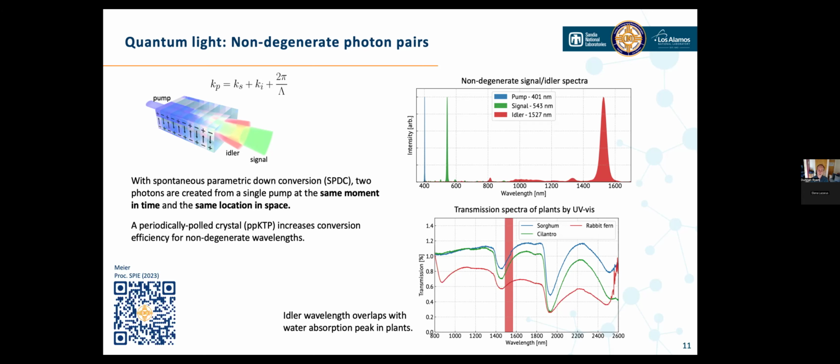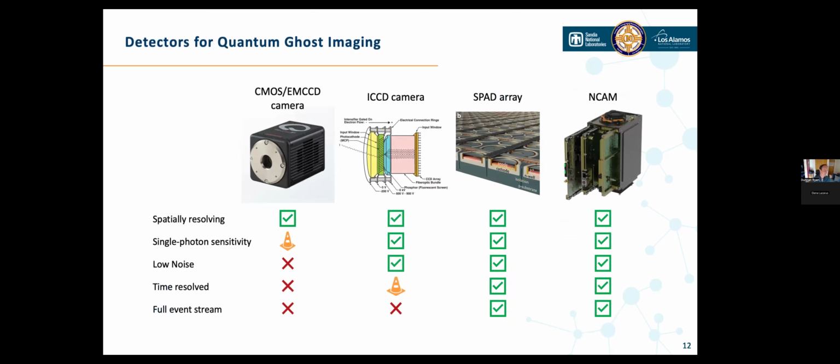So this is really trying to target with our wavelengths the water absorption peak at 1.5 microns. So that's really going to be giving our contrast mechanism. Is there presence of water or not, and our specific idler photons are targeting that region.